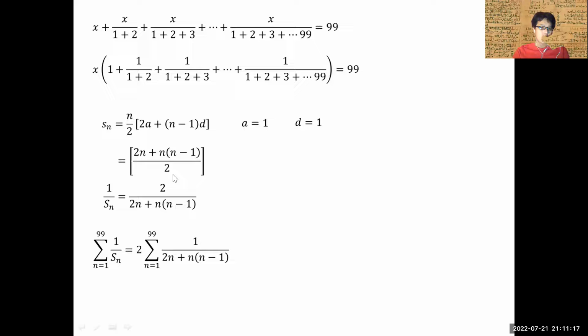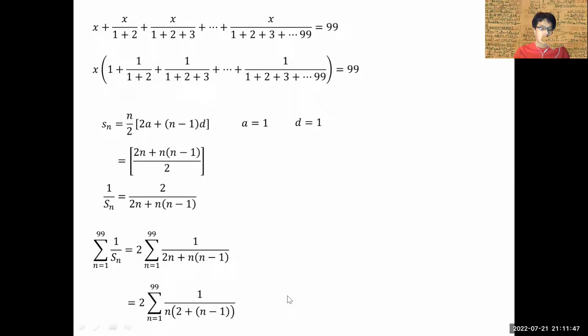2 is a constant, so I can factor out the constant 2. It's the sum from n equals 1 to 99 of 1 over 2n plus n of n minus 1. I hope you can see what's going on here. Let me clear up the equation a bit. I can factor out n, and inside you have 2 plus n minus 1.